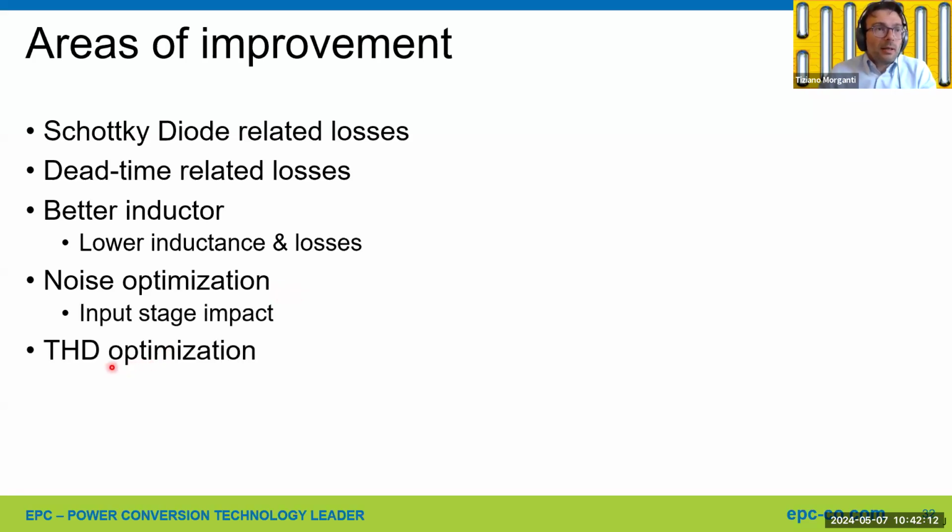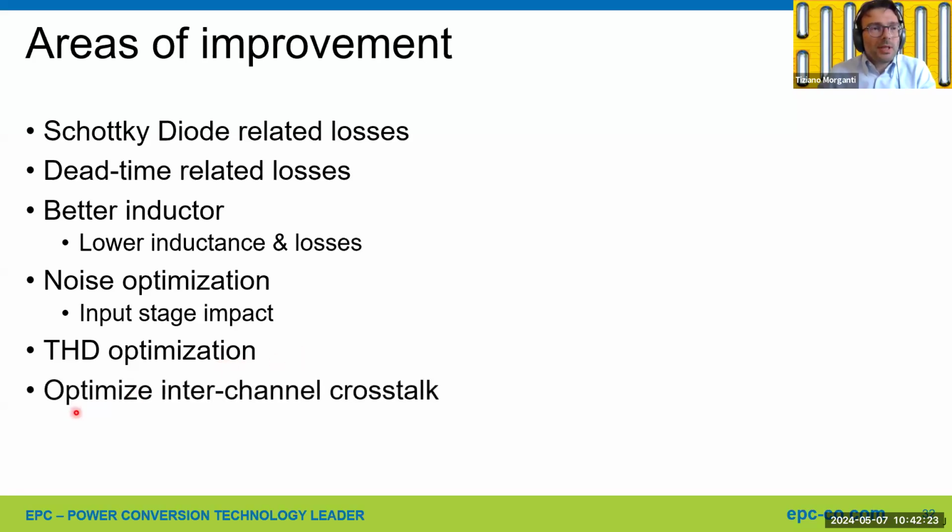And then THD can certainly be optimized, and this is most likely coming from a reduction of the dead time. And also we have seen that the layout, with the motherboard and the PWM modulator separated from the power stage, is not helping to keep low coupling between the two channels.